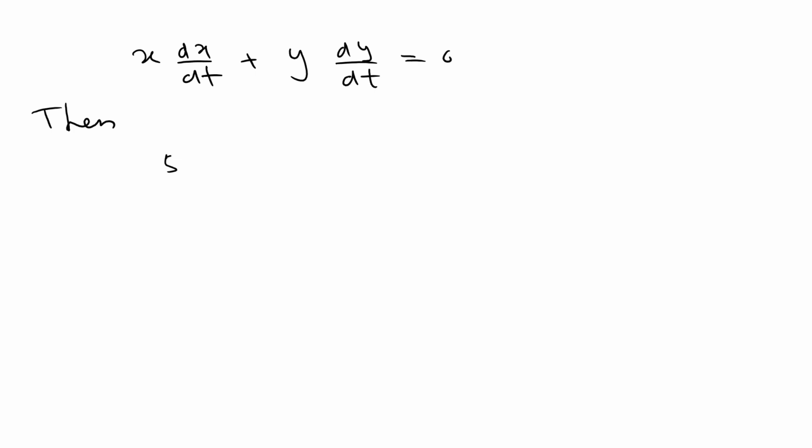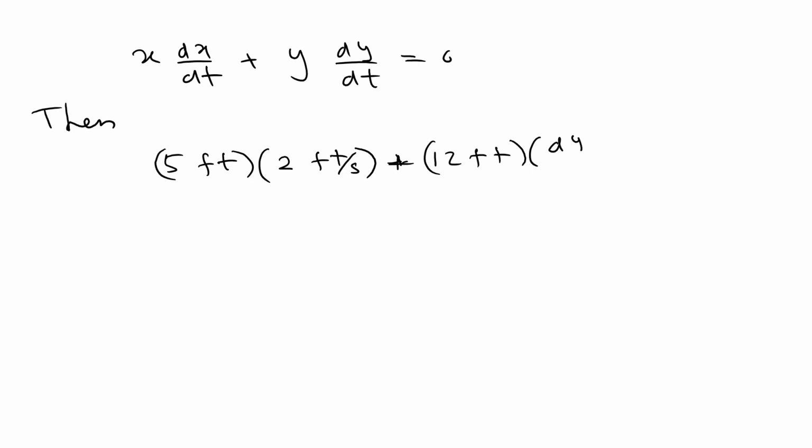It is 5 feet, that's the x value. dx over dt is 2 feet per second, and y is 12 feet, and then dy over dt, that we don't know, that's what we need to find. So we use the known to find the unknown, and then we're going to simplify this and solve for dy over dt.